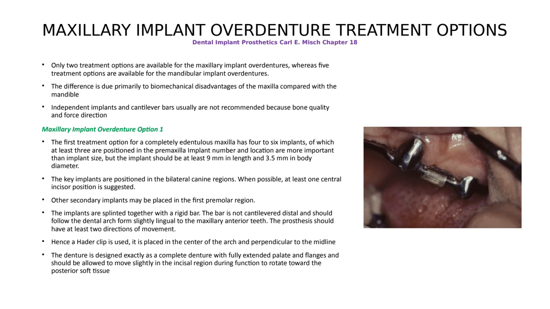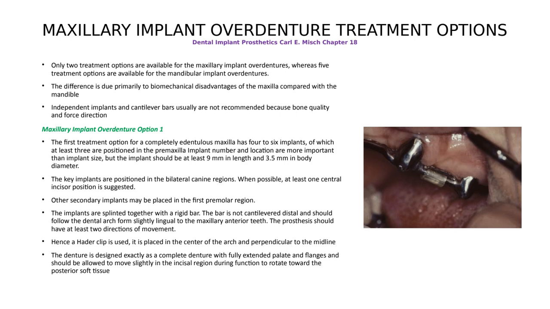Independent implants and cantilever bar usually are not recommended because of the bone quality. So on the maxilla, we have to remember that by nature the bone is more porous, and if the patient loses bone, that increases the instability of the prosthesis.